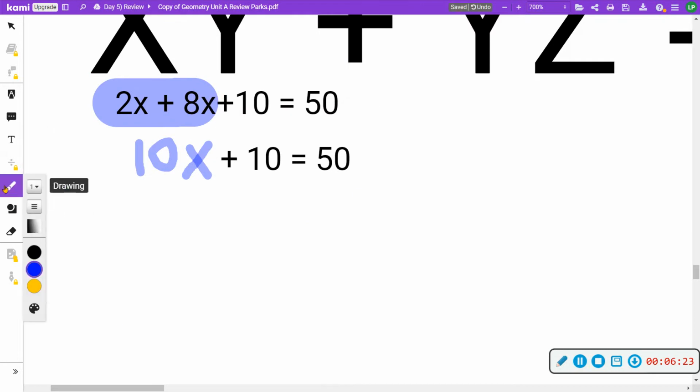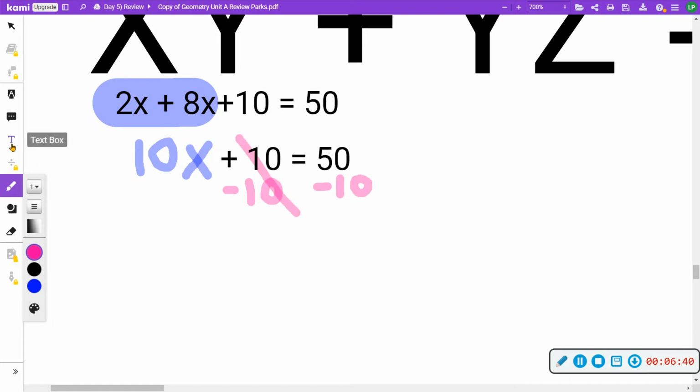Now from there, what I would do is I would get rid of the 10 because we're trying to get x by itself. So I would subtract 10 from both sides. Those go away.